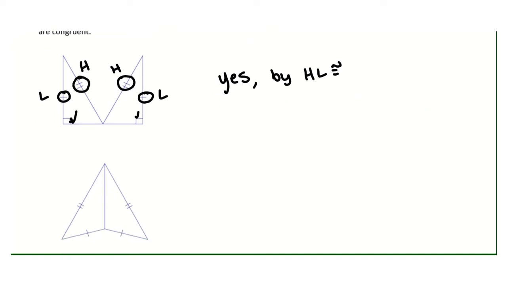Let's look at this next one down here. Here I see that I have this side is congruent to this side, and this side is congruent to this side. They don't tell me any information about any angles, so I can't use side angle side. But maybe I could use side, side, side, so SSS.